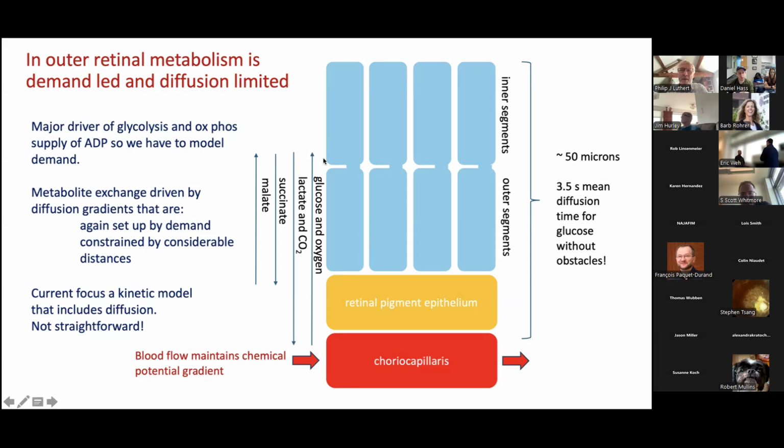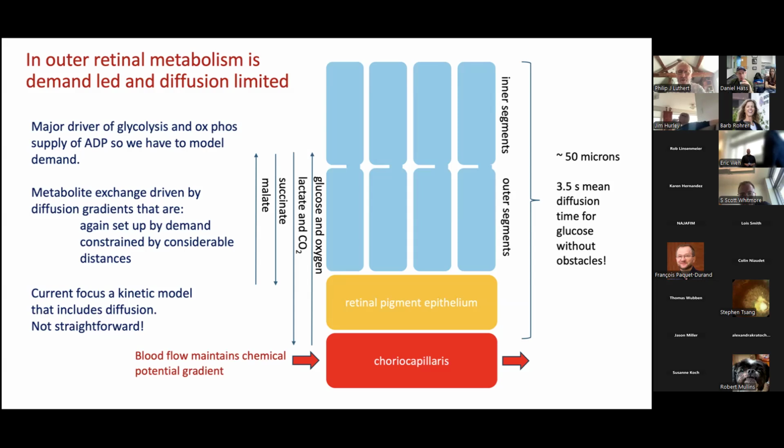And so if we're thinking in rough terms between choroid capillaris and the inner end of the inner segment, 50 microns, glucose takes 3.5 seconds on average to diffuse that kind of distance, which in terms of cell metabolism, when a cell can turn over its entire ATP content in a few seconds, becomes kind of an interesting problem.